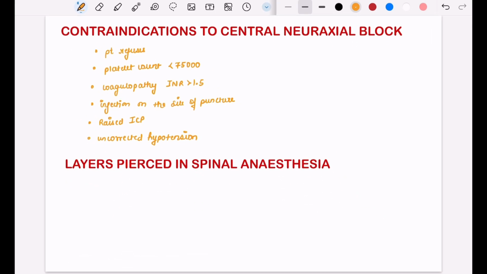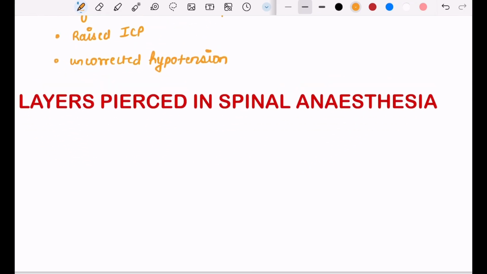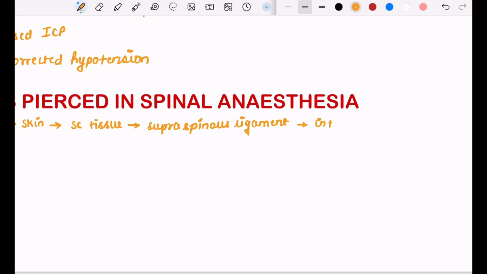What are the layers pierced in spinal anesthesia? The first layer is skin, then comes the subcutaneous tissue, then the supraspinous ligament, then the interspinous ligament.